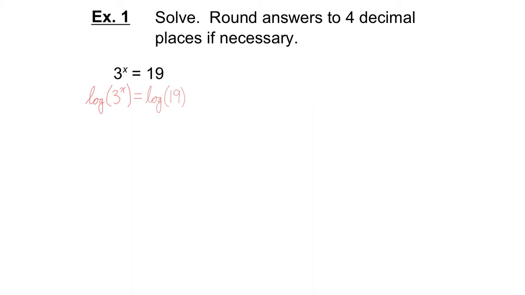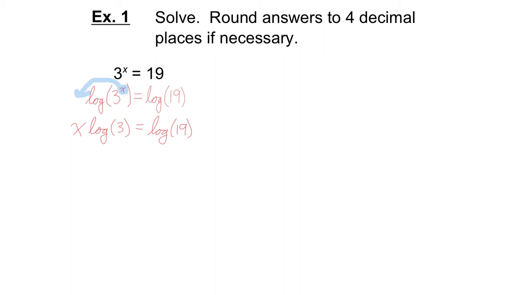Well, do you remember we had a rule about that? If we have an exponent inside the argument of the logarithm, we can take that and move it out to be the coefficient. So I actually end up with x multiplied by the log of 3 equals log of 19.